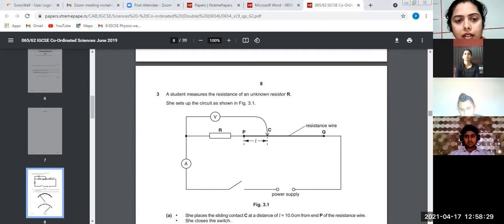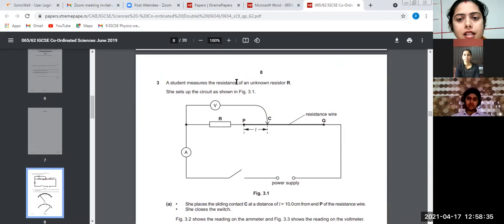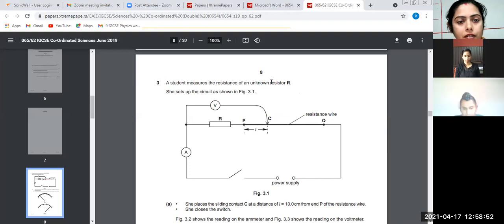Kindly read it. A student measures the resistance of the unknown resistor. Fine. So what is a resistor? Resistor is the one which is going to oppose the current. Fine.